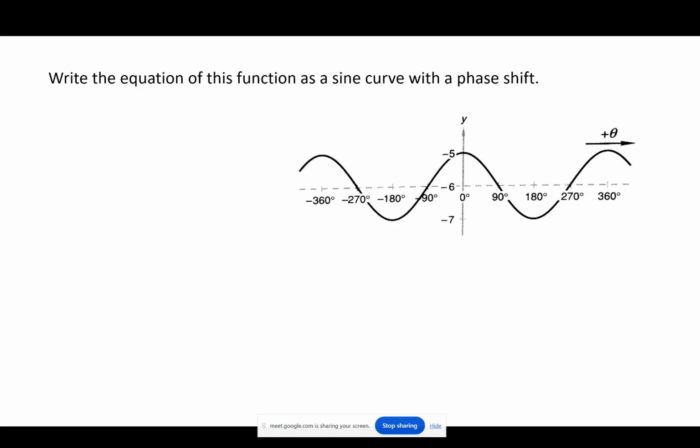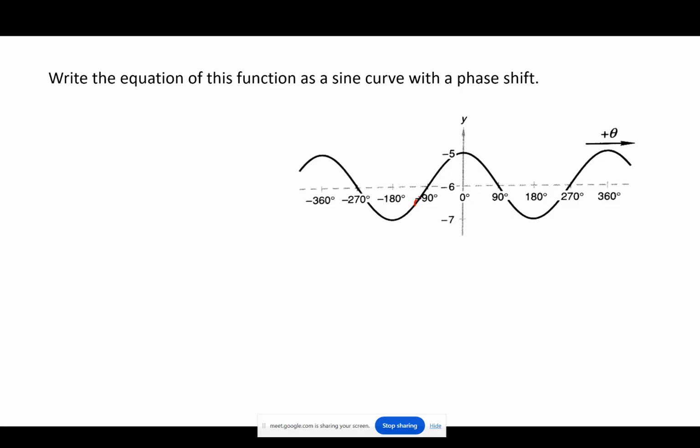We're going to write the equation of this function as a sine curve with a phase shift. Often in the book, they will tell you whether to write it as a sine or a cosine. So we're supposed to write this as a sine. When we write it as a sine, we're looking at the place on the graph where it is on its way up as it crosses that midline.